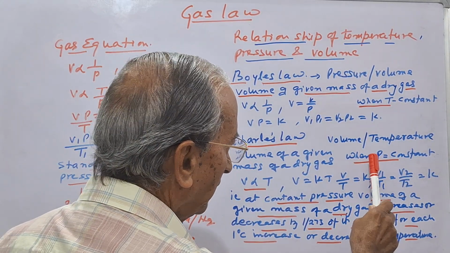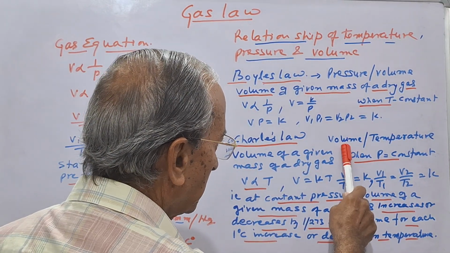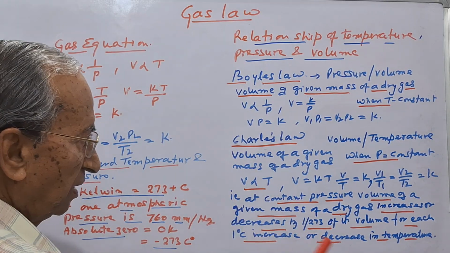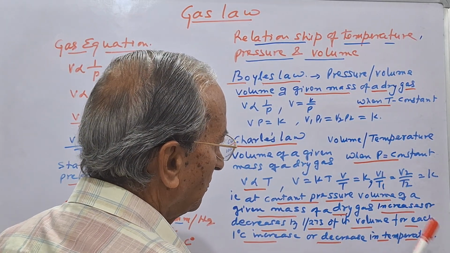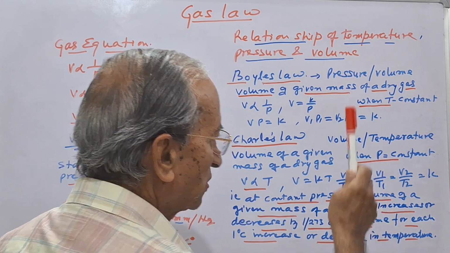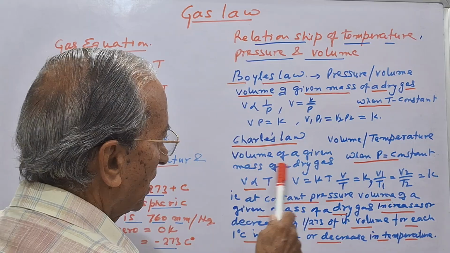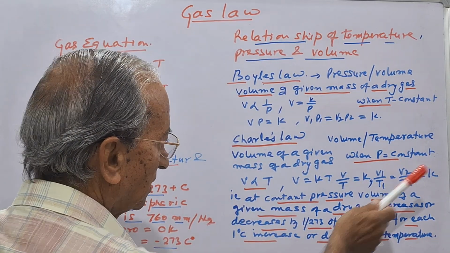Here, when pressure is constant, the relationship of volume and the temperature. Charles law, that is the volume and temperature relationship when P is constant.